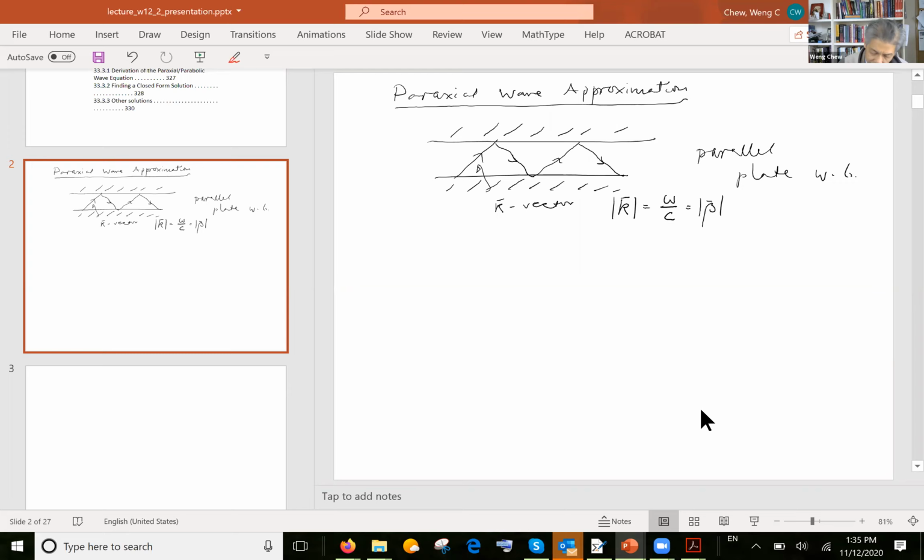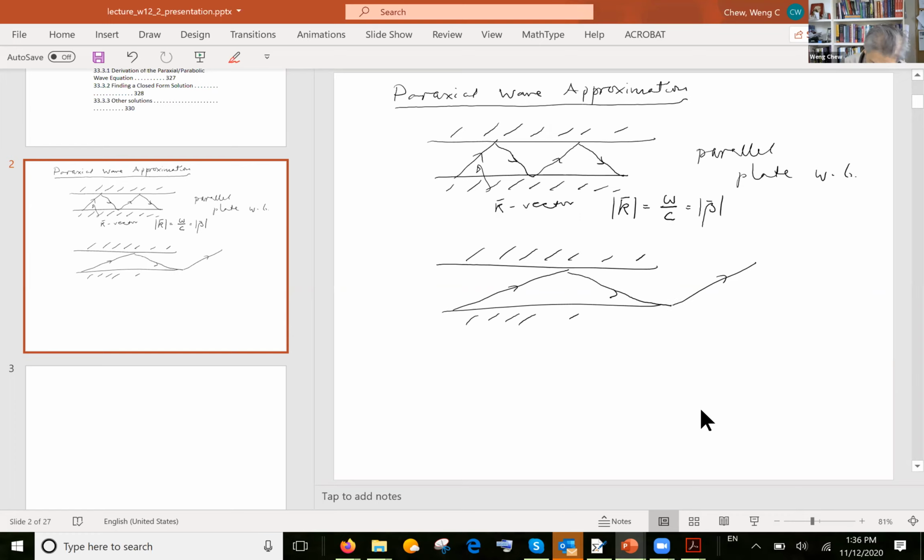So as the frequency gets very high, in order for the k vector to fit into the waveguide, the wave has to bounce more or less like this. So you can see that the wave bounces more parallel to the surface now because of the increasing frequency, the increasing length of the k vector.